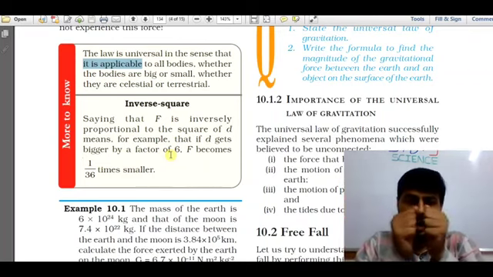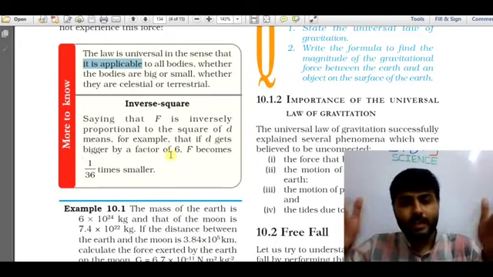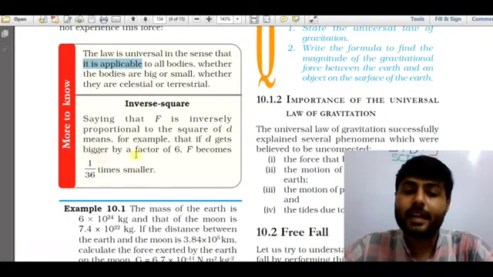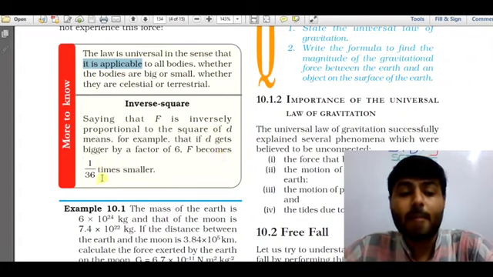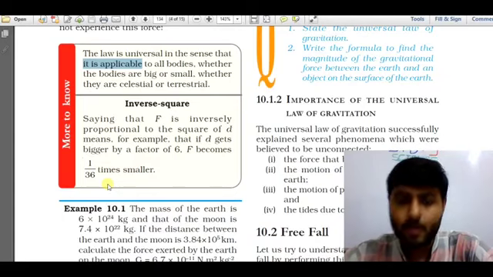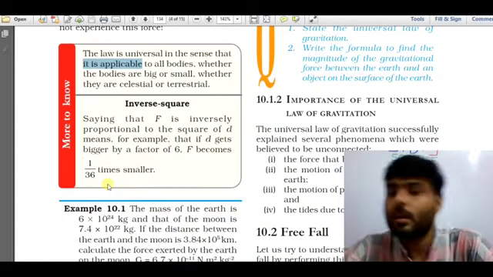Getting the point? From 1 meter, you are 6 meters far from each other. So that means d gets bigger by factor 6. It means force will be 1 by 36 times smaller.